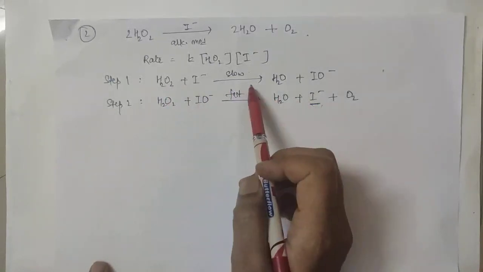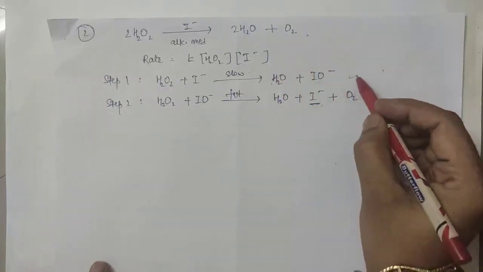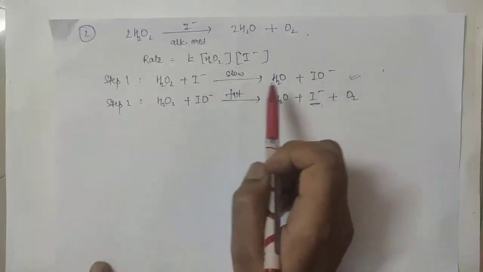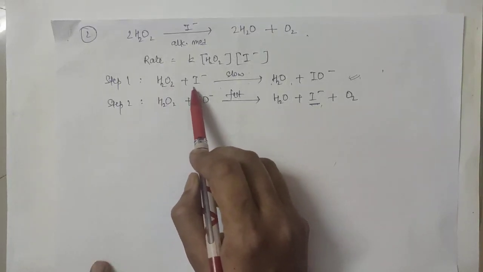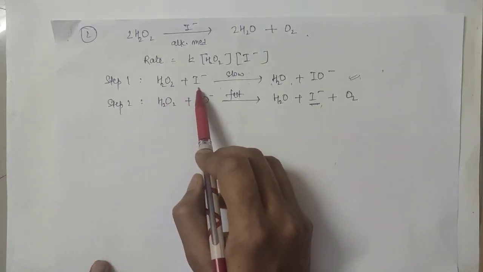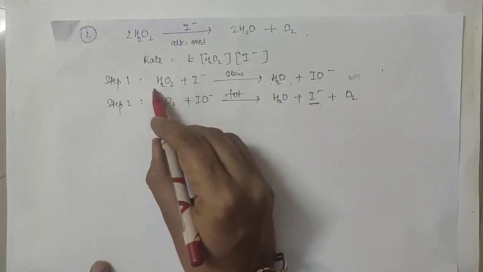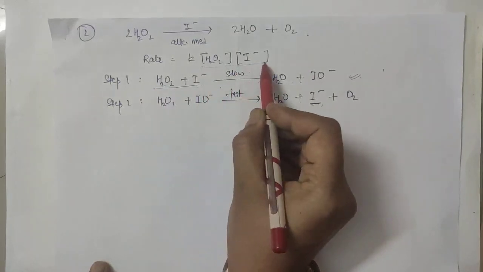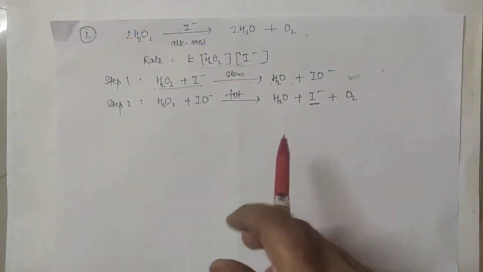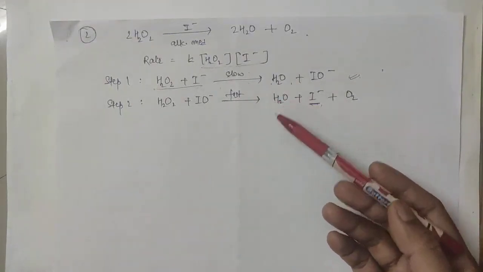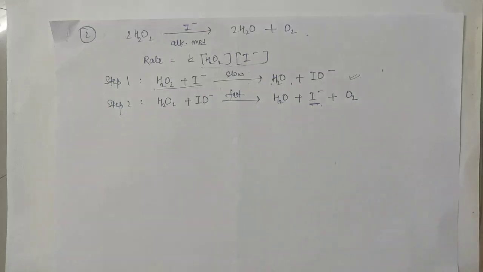The first step is slow, so it is the rate determining step, and in the rate determining step one molecule of H2O2 and one ion of iodide is taking part, which is represented in the rate law equation. Okay, so this is the mechanism of this reaction.